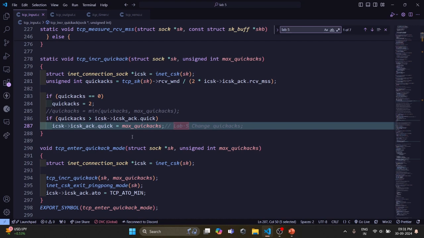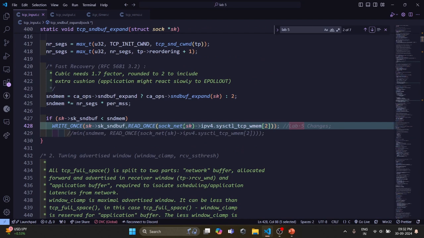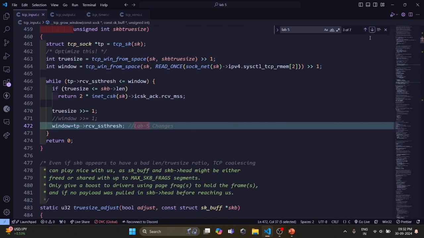So the first change we did was to directly link it to max quick, and the next change we did, this is the next change, we commented out the other line, and then instead of giving a right bit shift to the window, we gave this value.